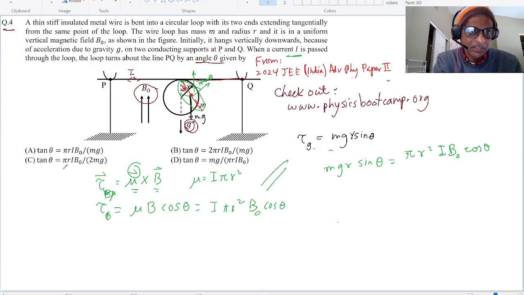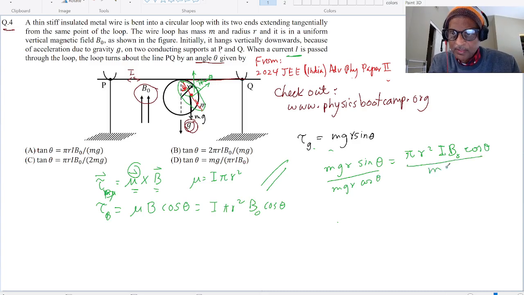This question gives tangent theta, so I just divide both sides by mg r cosine theta. Cosine theta cancels out here, these go away, and one of the r goes away.